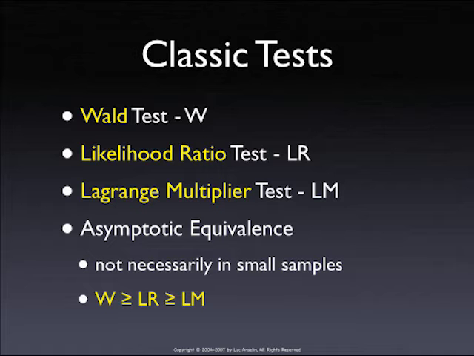So I like to point this out as yet another element in your specification search. If you see that this order does not follow for your results, if you estimate multiple models, then it suggests that maybe you should revisit the model, think about the weights matrix, think about the functional form, and so on, because those are likely the causes.